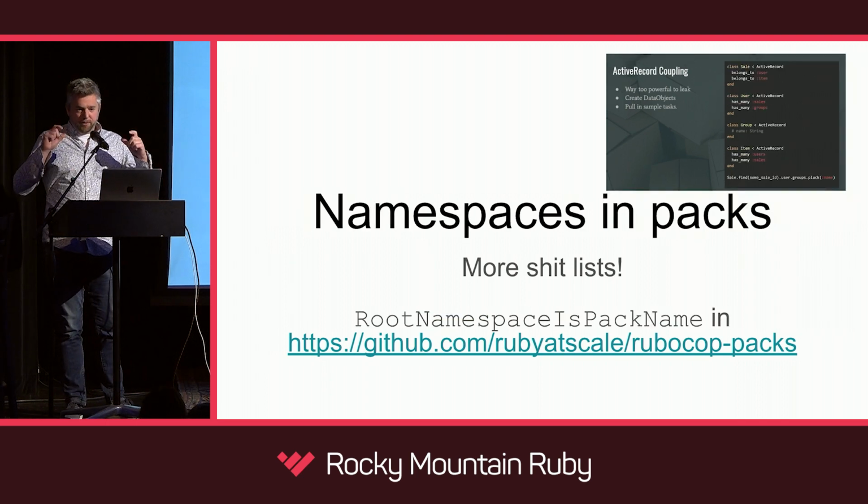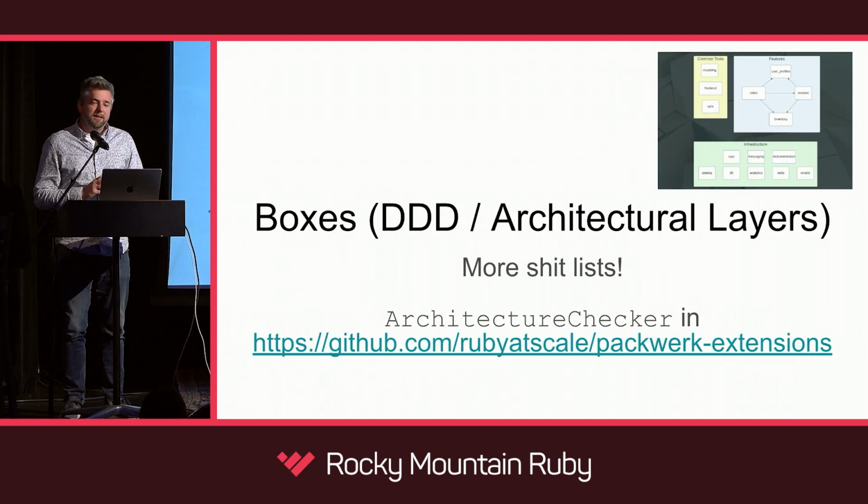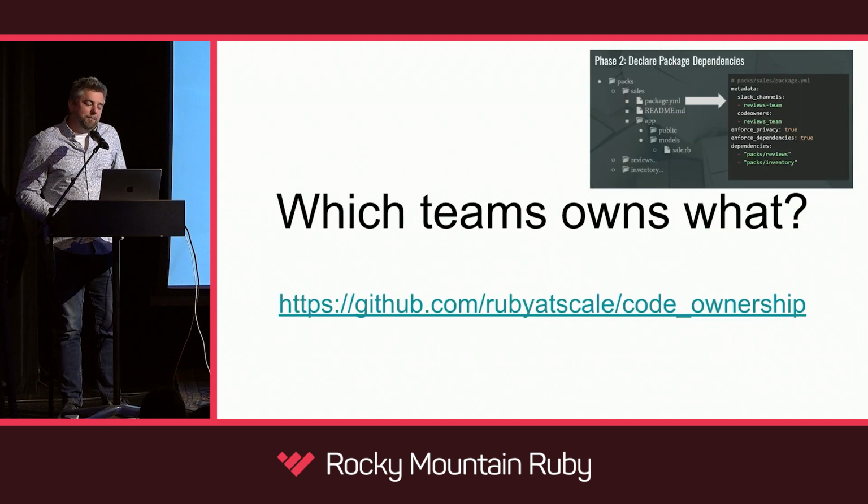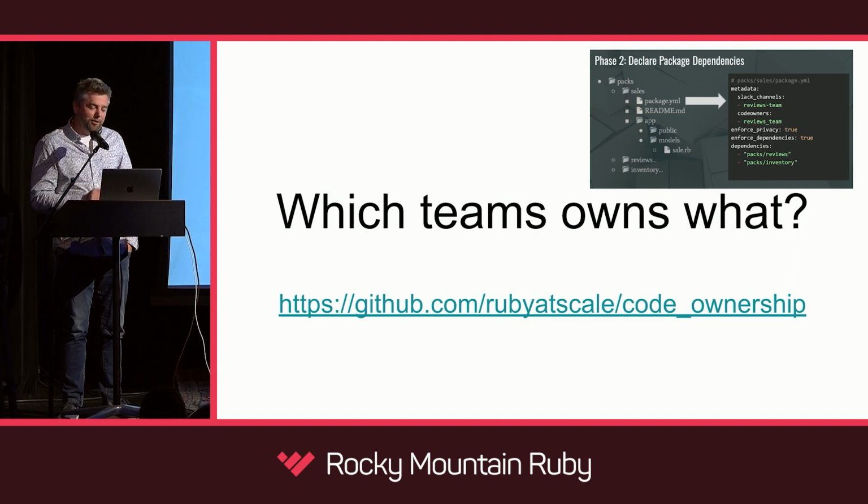Namespaces in packs, we're talking about how you find which queries come from where. Shit list. He was drawing these boxes that you could very well think of as architectural layers. Shit list. He was talking about which team owns what. That's also in all these links. Basically it's a code ownership gem that does a lot more around the kind of classic GitHub file.